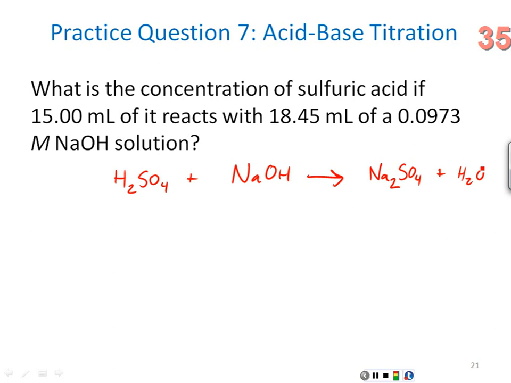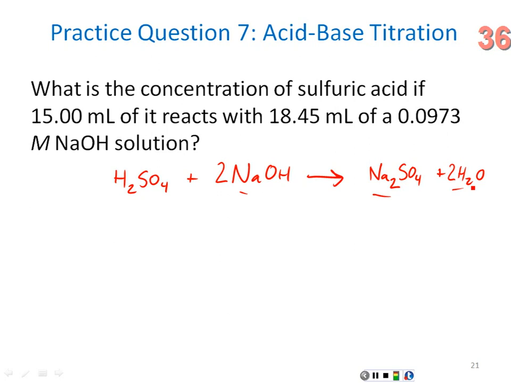Now if we look, you have 2 moles of sodium on this side. We're going to need 2 moles of sodium on this side. Okay, adding that, now we'll have 2 moles oxygen here. We're going to need to add 2 moles of H2O on the product side. Now this should be a balanced equation.